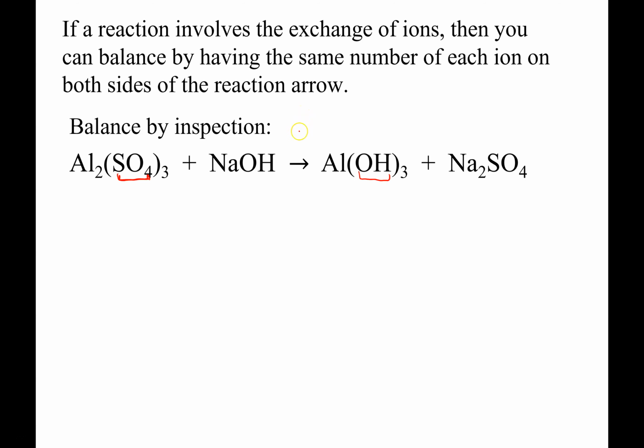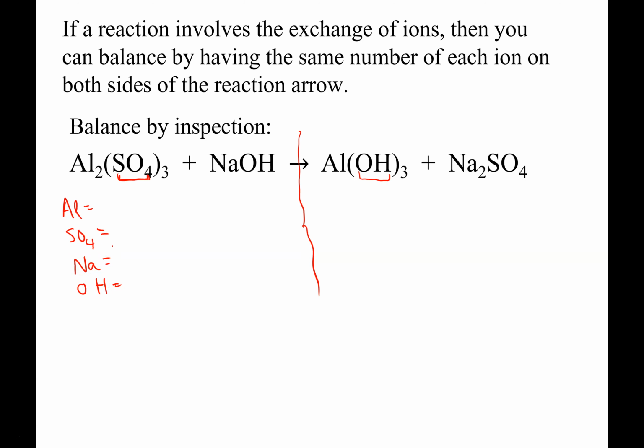So honestly, we could go ahead and split up aluminum, sulfurs, oxygens, sodiums, and hydrogens. But I'm going to keep the SO4 as an entity, and I'm going to keep the OH as an entity. So we get to the same place either way. So if I'm counting things, I'm going to say my Al is equal to my SO4. Actually, it's a 2 minus, but we'll leave it. SO4 is equal to, and my Na's is equal to, and my OH is equal to.